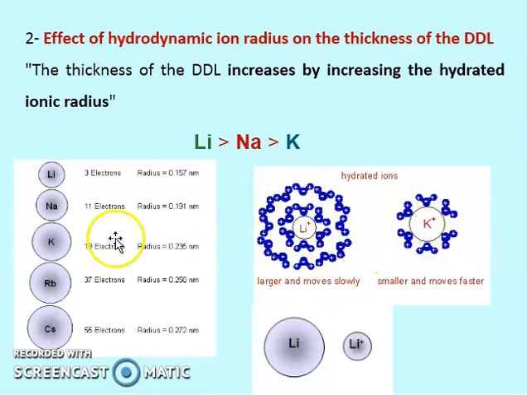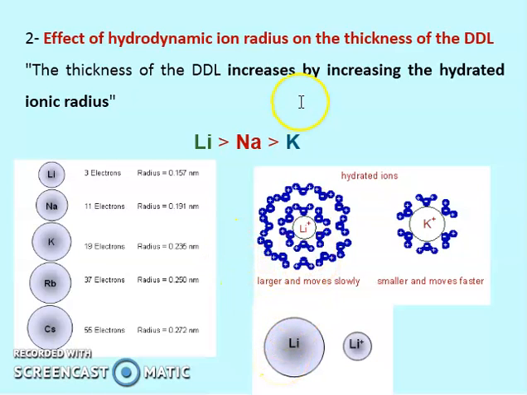As you see here, lithium has a lower diameter than sodium, and sodium lower than potassium, and so on. However, here we are talking about ion radius. But if you are talking about hydrated ion radius, you will find that the biggest hydrated ion radius is lithium, and then sodium, then potassium, and so on.